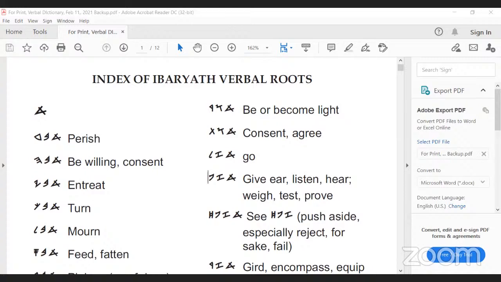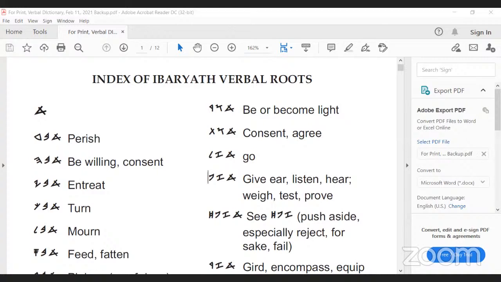This is very unique because we do not have this. The House of Yasharallah, the Hebrew Israelites, we do not have a product like this. This is the first one of its kind that I'm aware of.